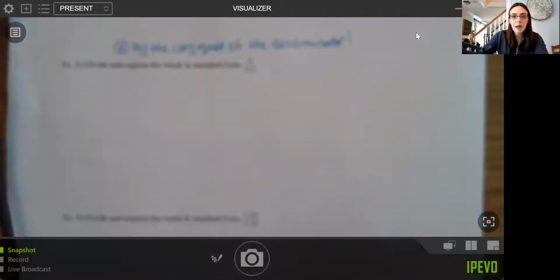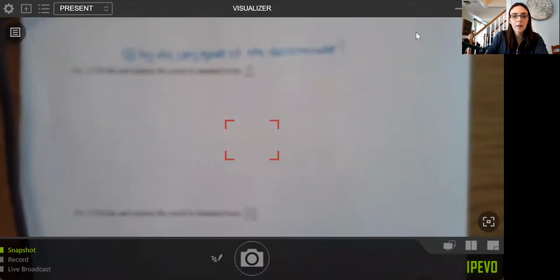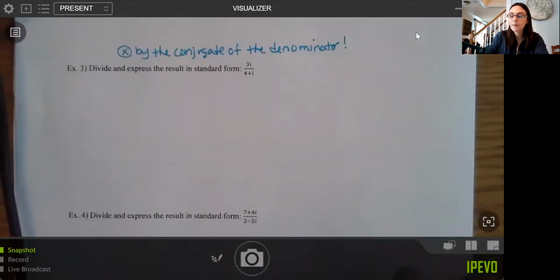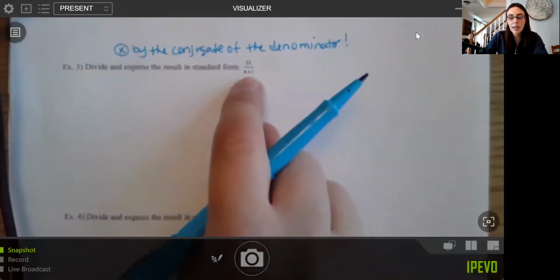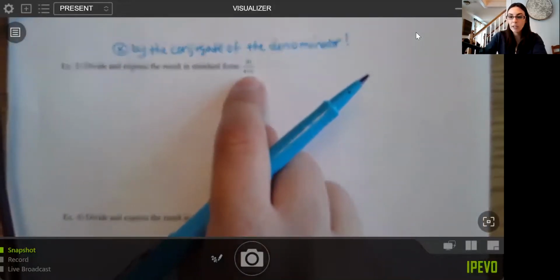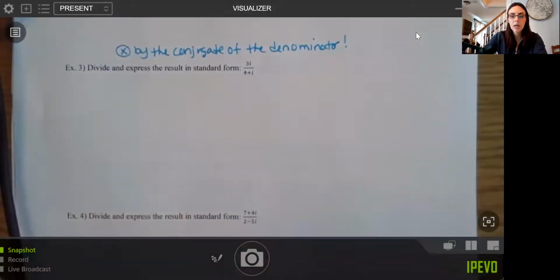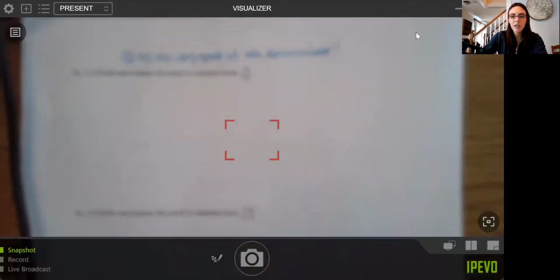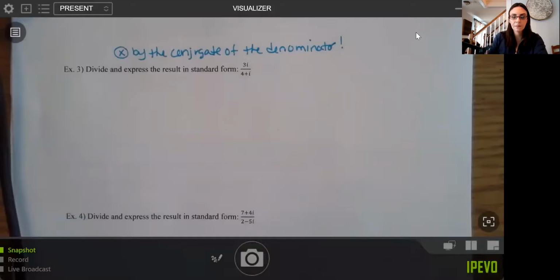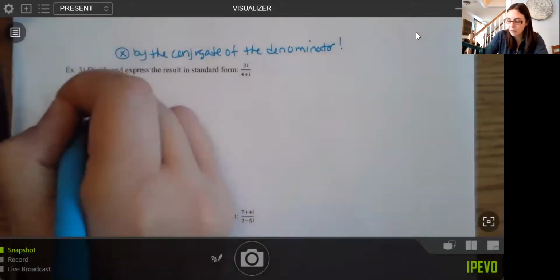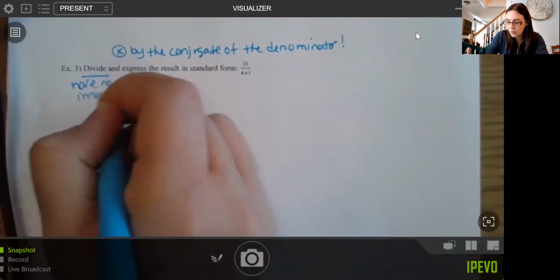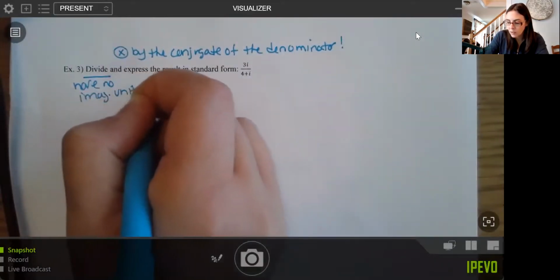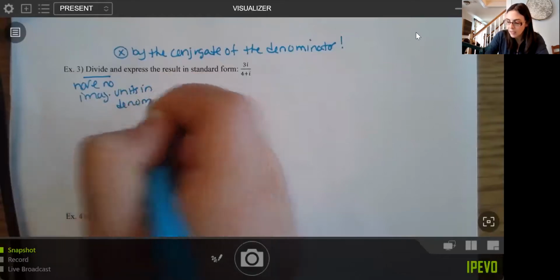And the reason that we're going to do that is because when we multiply by a conjugate, it actually cancels all the imaginary stuff out and we get a real number, because we really don't want to have imaginary units in our denominator. So that's our goal here. So dividing really just means to have no imaginary units in the denominator. So we want to just be in standard form.